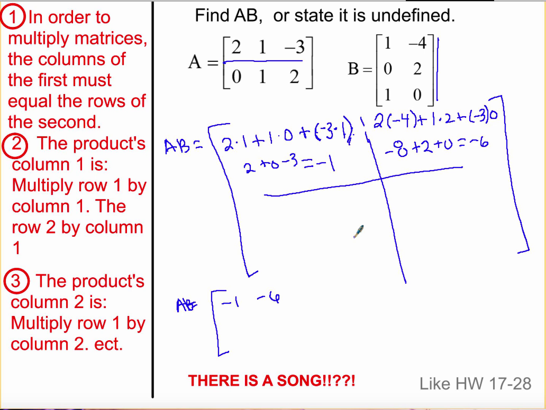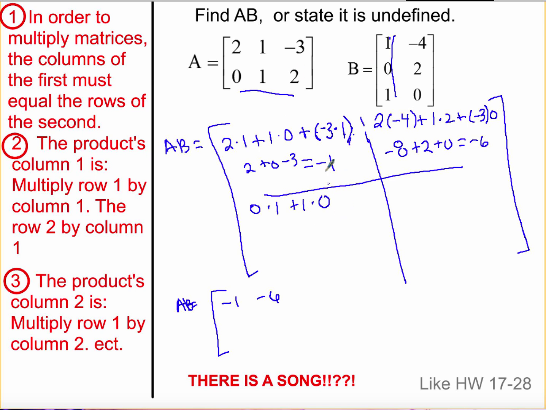Excellent. Let's move on. Now we're in this position right here. This is our second row, but it's our first column. So we are going to be working with the second row and the first column. So 0, that's my first element, times 1, that's the first element in my column, plus 1 times 0, those were my second elements.